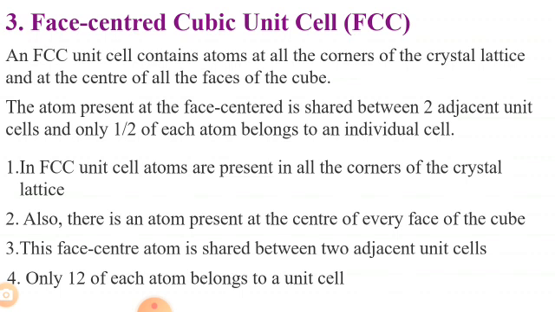In FCC or face centered cubic unit cell, atoms are present in all the corners of the crystal lattice. Also, there are atoms present at the center of every face. So there are 6 faces. This face centered atom is shared between 2 adjacent unit cells, so 1/2 of each atom belongs to a unit cell.